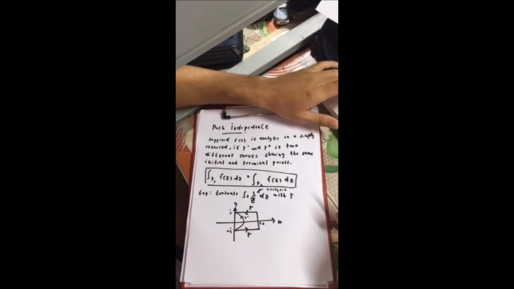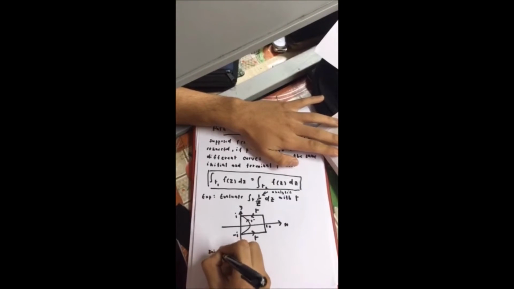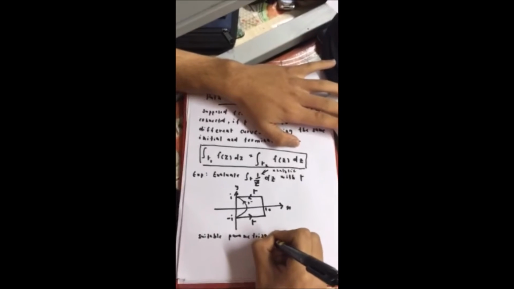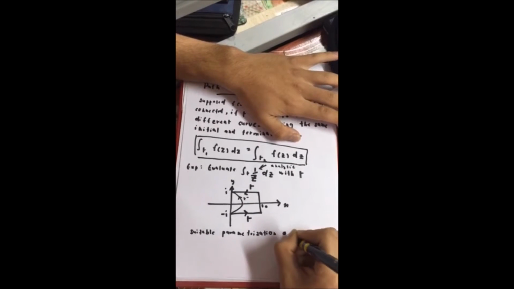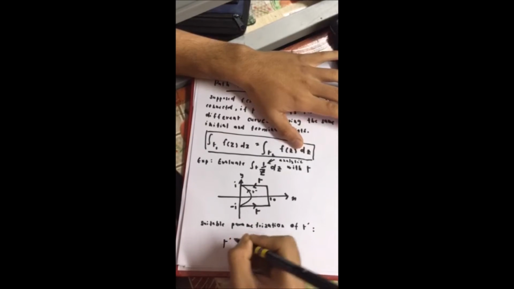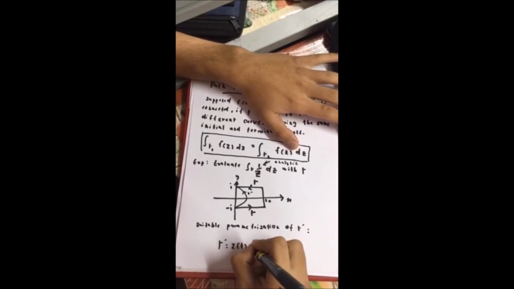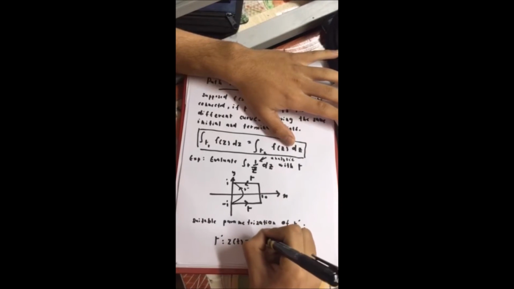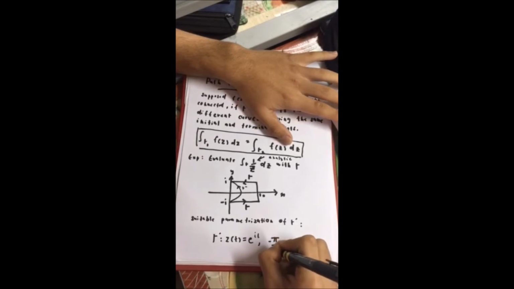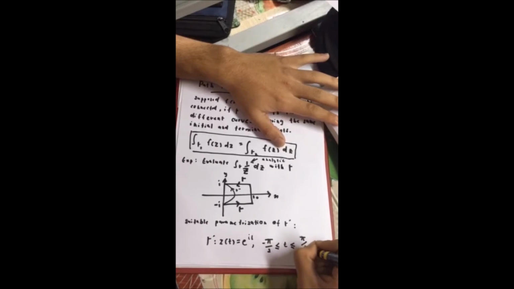Looking much simpler. Okay, a suitable parameterization of R bar is z(t) equals exponent i t, where t is between negative pi over 2 and pi over 2.